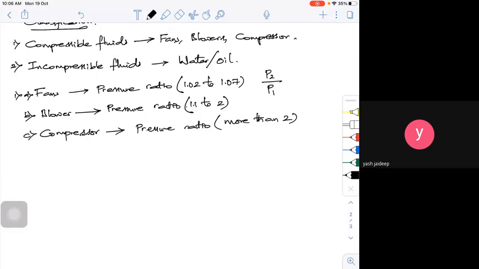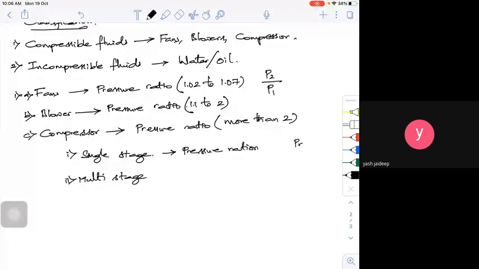In compressors, I will go for single stage and multi-stage. What is single stage? If I call the pressure ratio PR, and it is greater than 2 and less than 10, I will end up with single stage compressors.